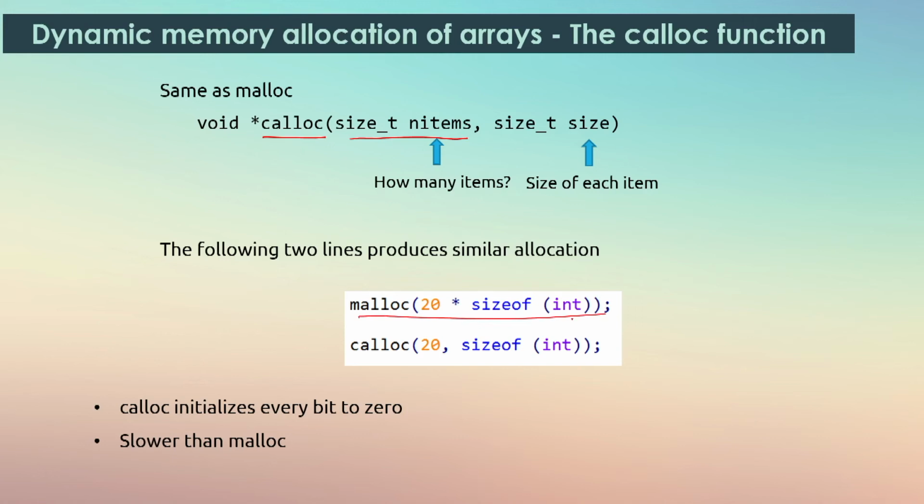Here we can see an example of using malloc and calloc, which are the same, but with one slight difference: calloc initializes every bit to 0. Calloc is a function specifically used for arrays, which will initialize every bit to 0 on allocating the memory.